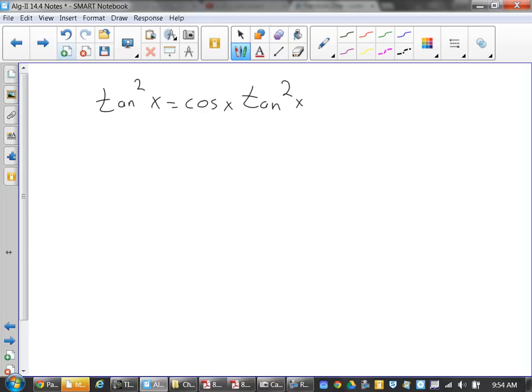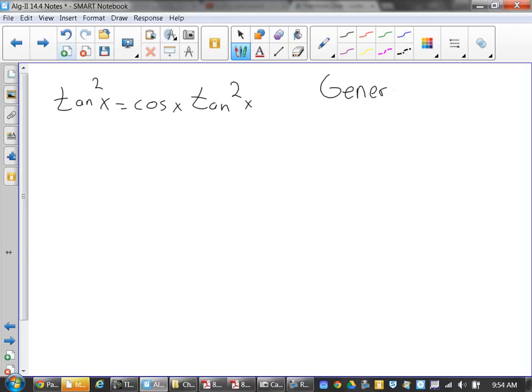Now, instead of being within one revolution, I'm going to ask you to find what's called the general solution. When you find a general solution, the process to get to it doesn't change. It's your final result that changes.